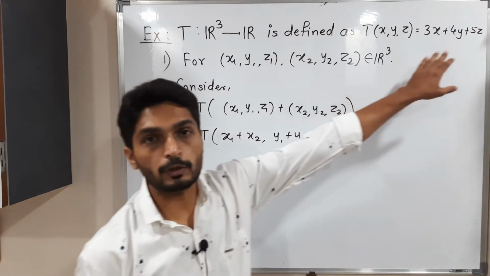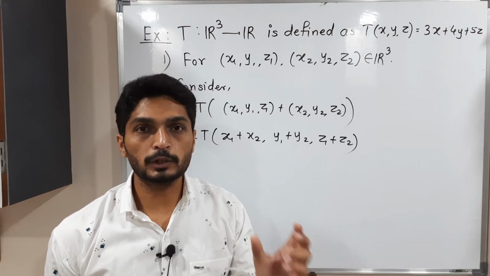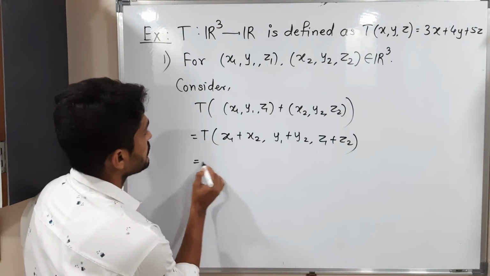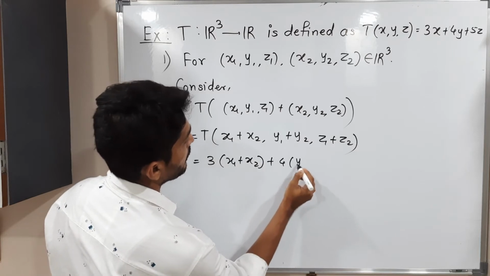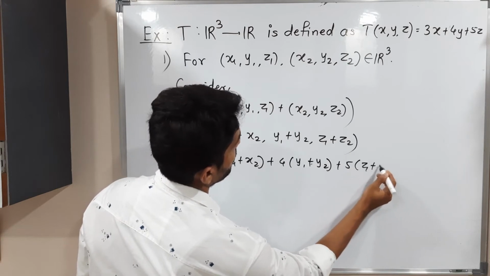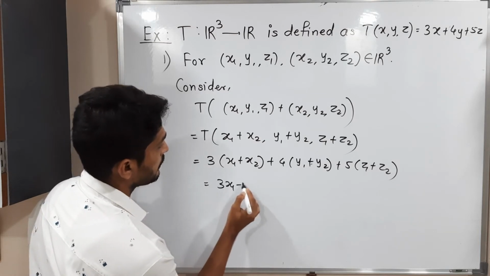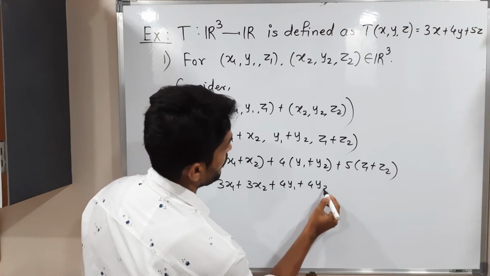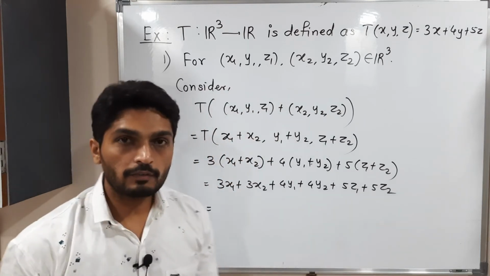After that I am going to apply the definition of T. The definition says this is equal to 3 into first component plus 4 into second component plus 5 into third component. So this is equal to 3x1 plus 3x2 plus 4y1 plus 4y2 plus 5z1 plus 5z2.